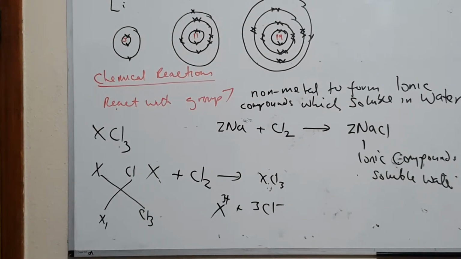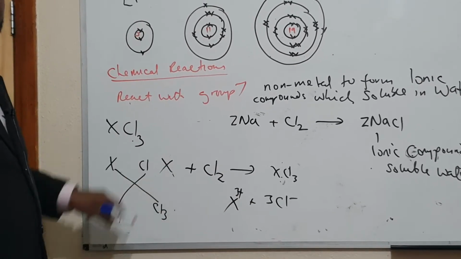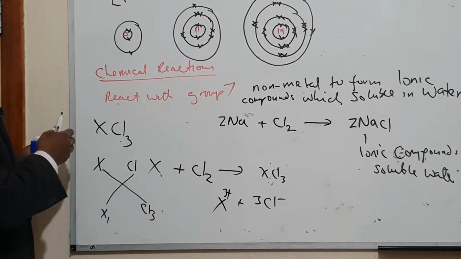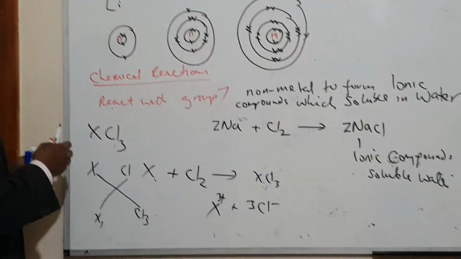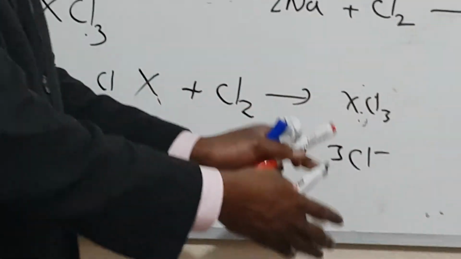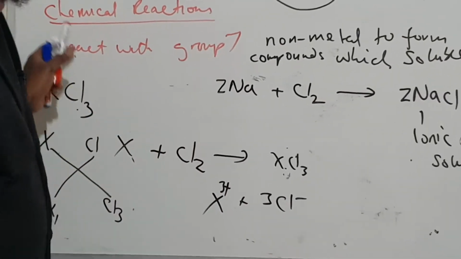You understand? If this happens and it doesn't dissolve in water, you can tell it's not a group 1 element. We know chlorine, but we don't know X. But by the characteristics of the compound it forms, we can predict that this element is not in group 1.